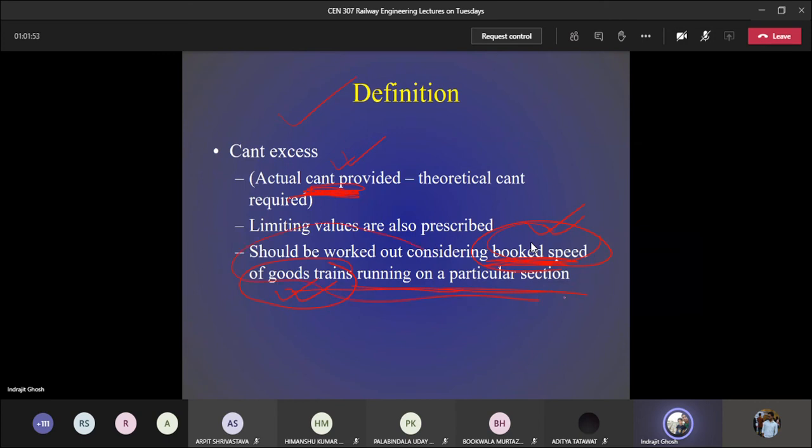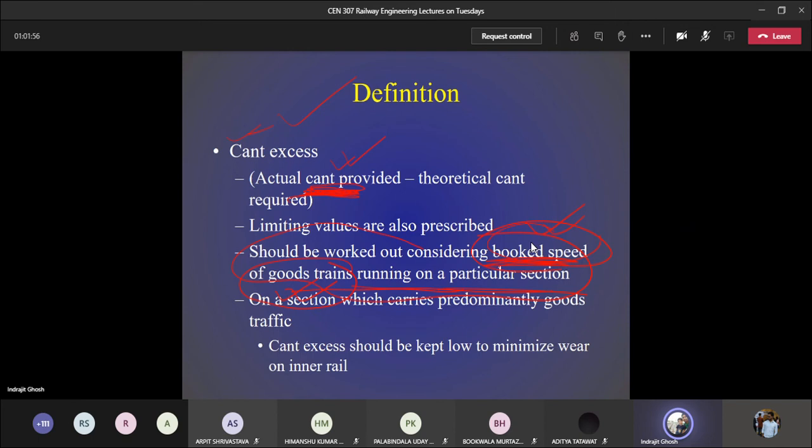This should be considered when we are talking about cant excess. On a particular section where you have more goods trains, predominantly goods traffic, cant excess should be kept as minimum as possible. Otherwise, there will be wearing of the inner rail. How does this come about, the inner rail? Anybody?